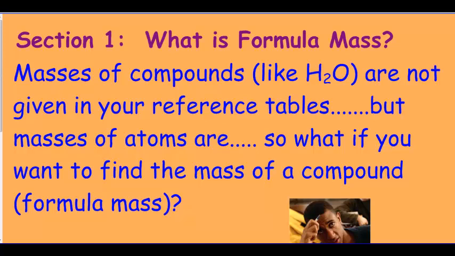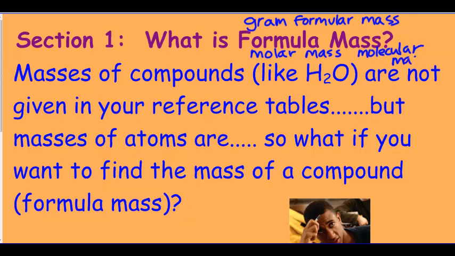It's also known as gram formula mass, or it's known as molar mass, or it's known as molecular mass. But in all of these names, you notice you always have mass. So it's really like the weight of the formula.